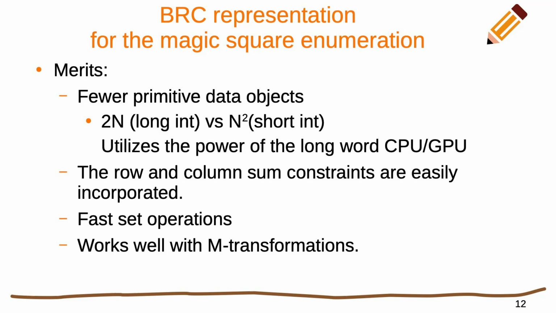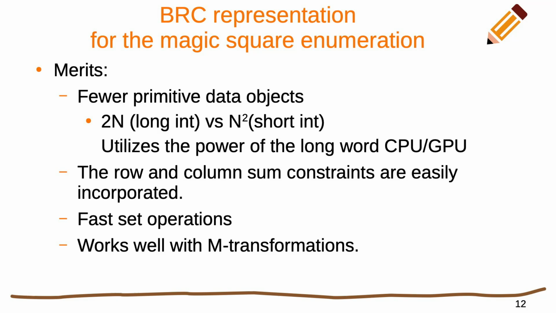Although BRC requires longer words, modern CPUs and GPUs typically support a 64-bit word size, which enables us to use BRC representation for magic squares up to order 8. BRC can leverage the wide bit length of current CPUs and GPUs by introducing a degree of parallelism in word-level operations.